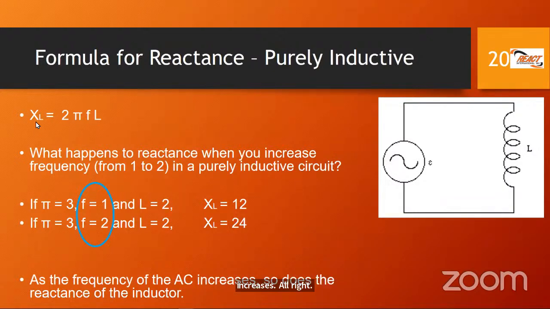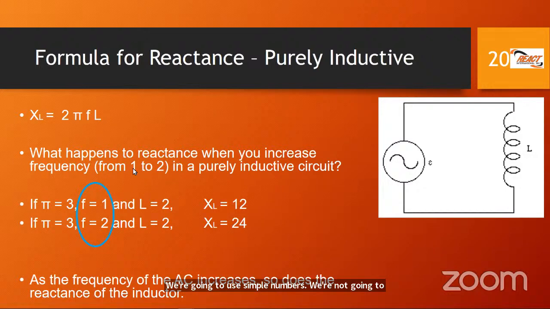We're using the same formula that we just shared. XL, that's inductive reactance, is equal to 2 multiplied by pi multiplied by the frequency multiplied by the inductance. So the question is, what happens to reactance when you increase frequency from 1 to 2? We're going to use simple numbers. We're not going to use very large numbers or anything with a lot of decimal places and all that, right?